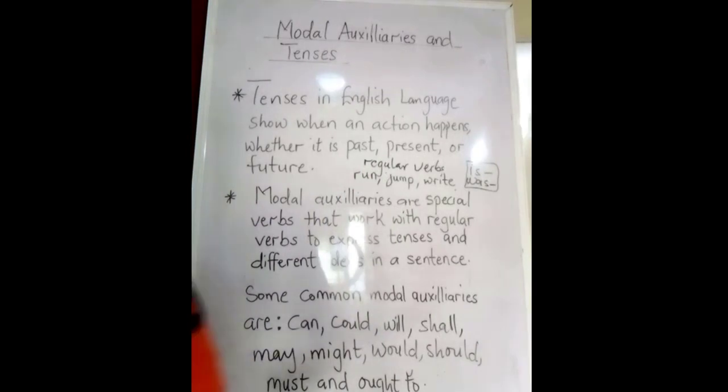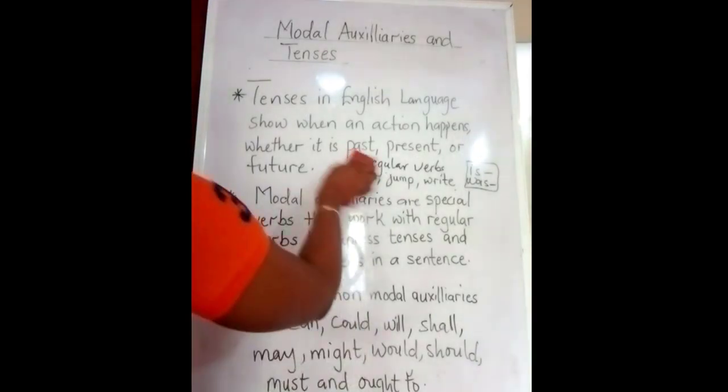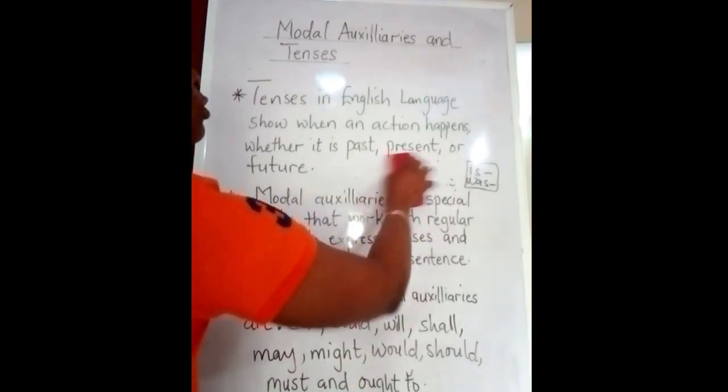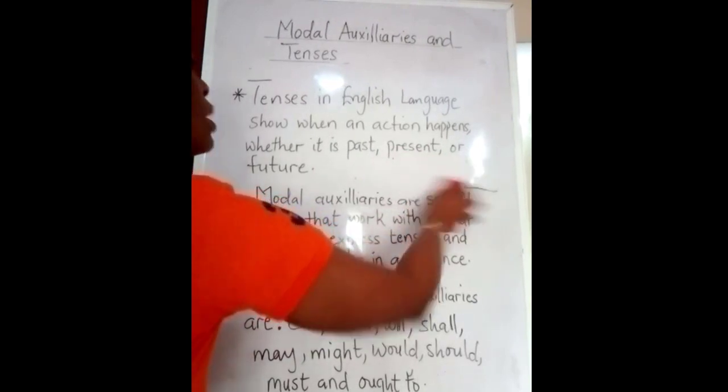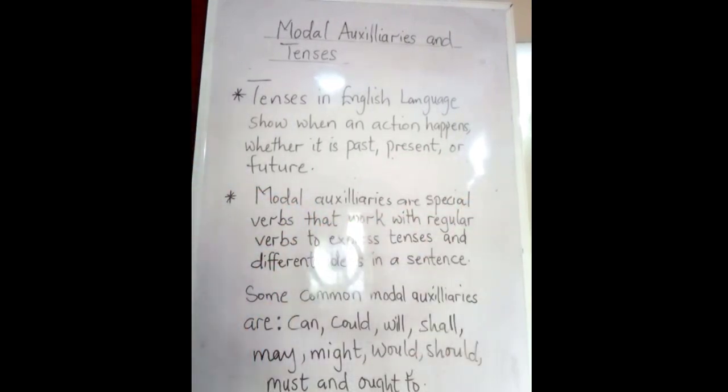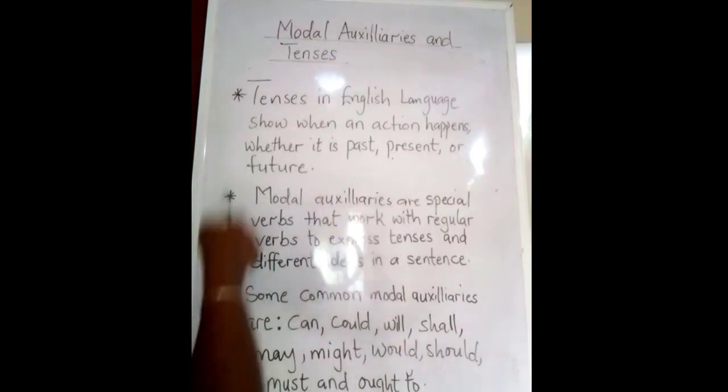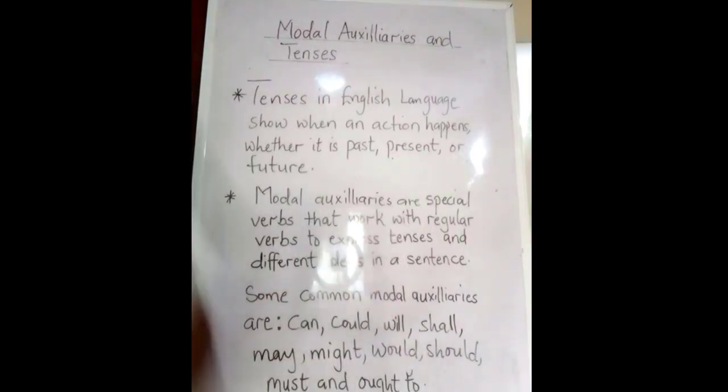But the modal auxiliaries that we are considering today are special verbs because they are not like the regular verbs. They are very special because they need to work with the regular verbs to express either tenses or different ideas in a sentence.